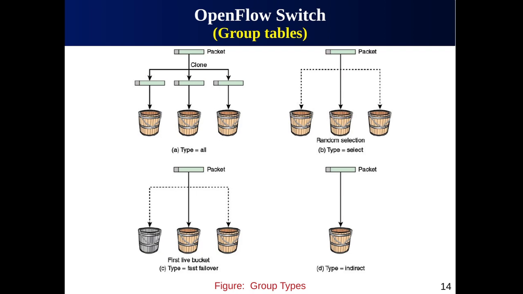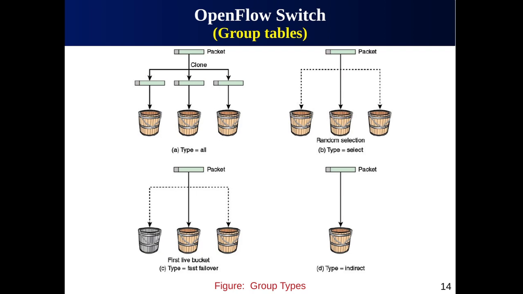It is actually an ordered list of action buckets where each action bucket contains a set of actions to execute and associated parameters related with those actions. So each group include a set of one or more action buckets, and each bucket will contain list of actions. So now we are talking about the buckets and the actions.